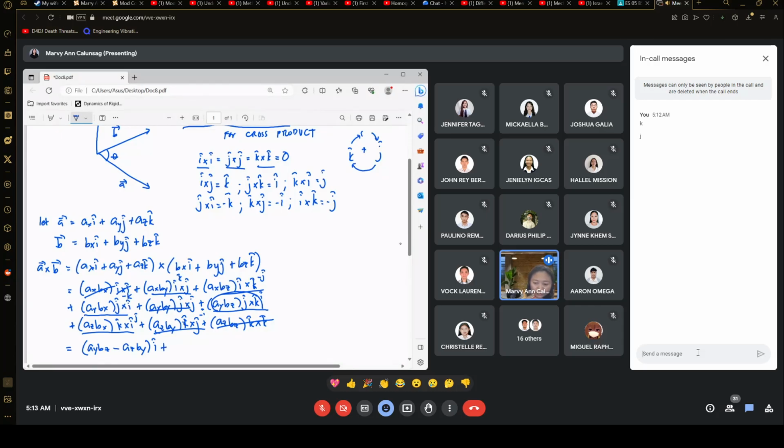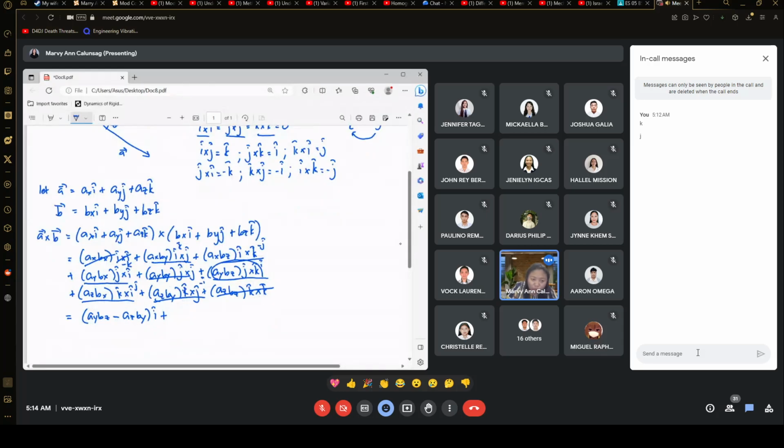Next would be plus AZ BX in the direction J, and minus AX BZ, in the direction J. And lastly, we have AX BY minus AY BX, in the direction K. So this is now the long method of finding the product A cross B.